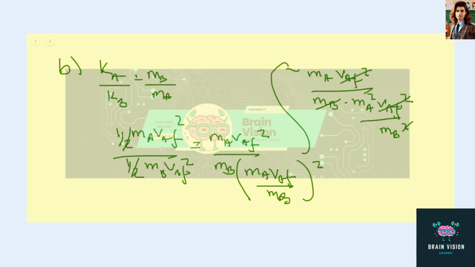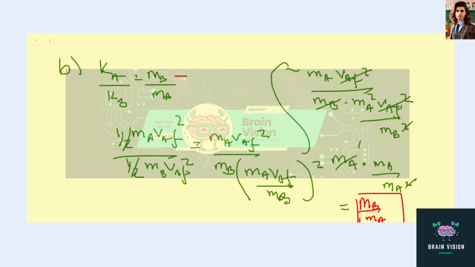So you have MA times MB squared over MA squared. The A will cancel one of these. And that shows that eventually your final answer will be MB over MA. And that's what you wanted to prove.